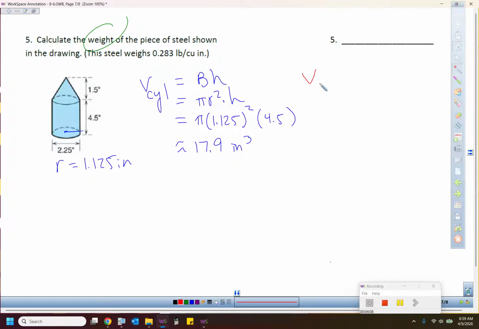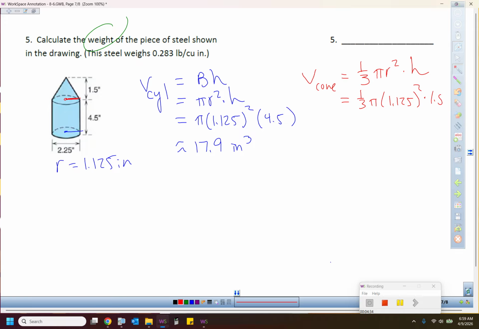We'll do the same thing for the volume of the cone. So 1/3 base area, which I'm going to write as pi r squared, times the height, would be the volume of the cone. The radius of the cone is the same as the radius of the cylinder, so that's pretty sweet. So 1/3 times pi times 1.125 squared, and then the height of that cone is 1.5.